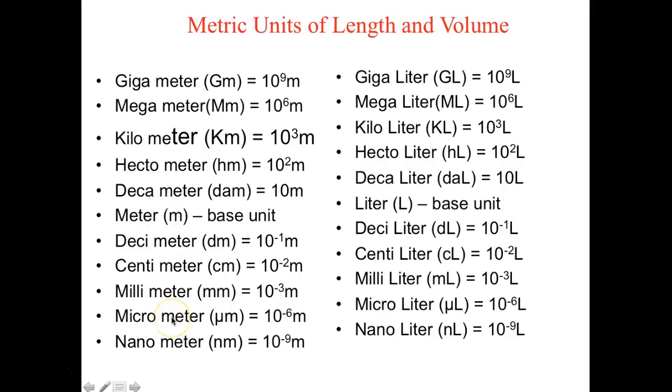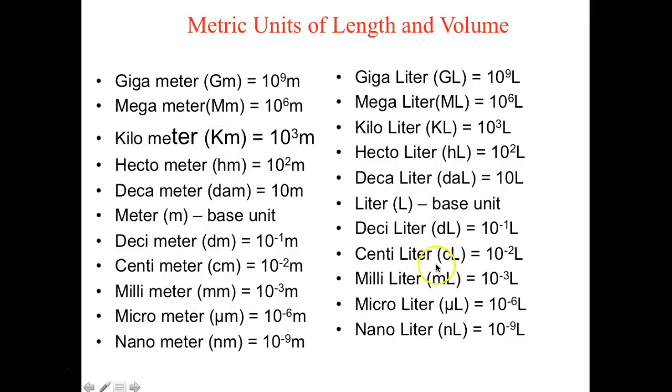I think I said that incorrectly in the previous slide, there's a million micrometers in the meter, not milli. So between the meter and the micro, there's a difference of a million. There's a billion nanometers in a meter. 10 times the base unit is the deca, 100 times the base is the hecto, and 1,000 meters is the kilometer.